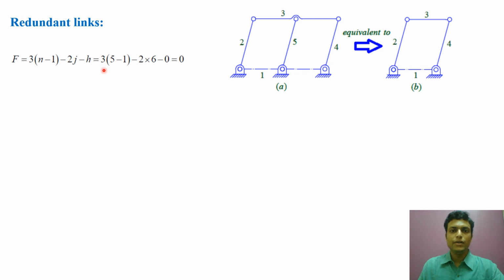So 3 into (5 minus 1), because there are 5 links, and 1, 2, 3, 4, 5, 6 revolute pairs, so 2 into 6. So this is 12 and this is 12. So this becomes 0. But practically this mechanism can rotate. Link 2, link 5 and link 4 can rotate. So the degrees of freedom of this mechanism is 1.